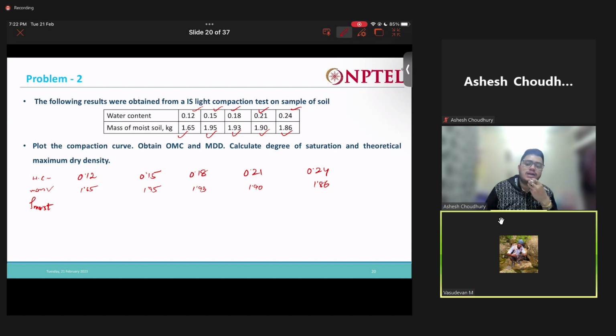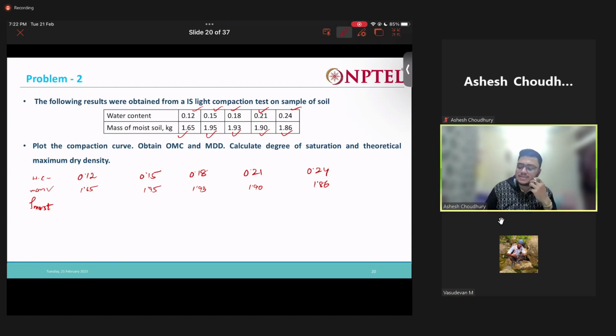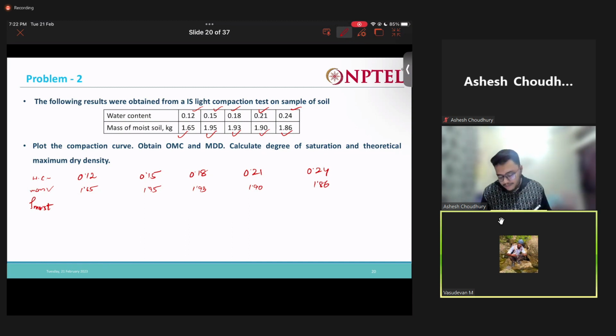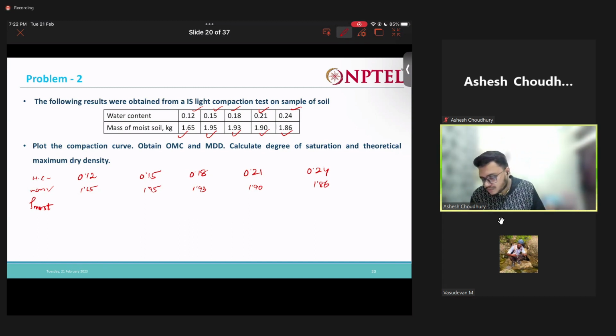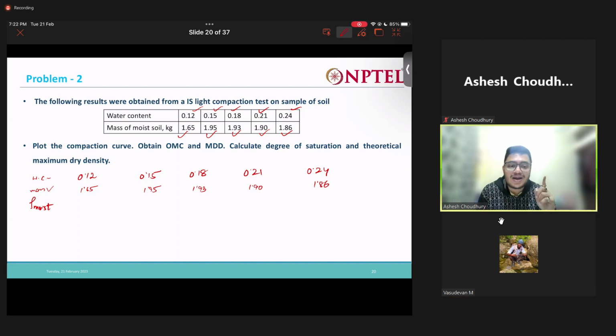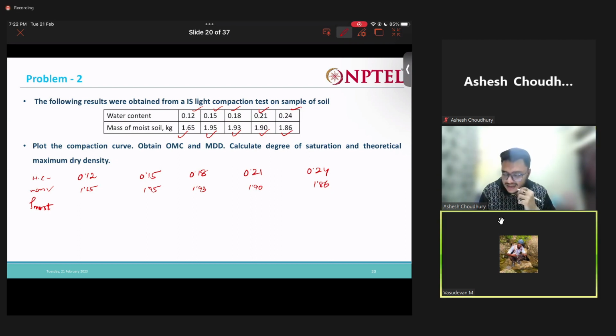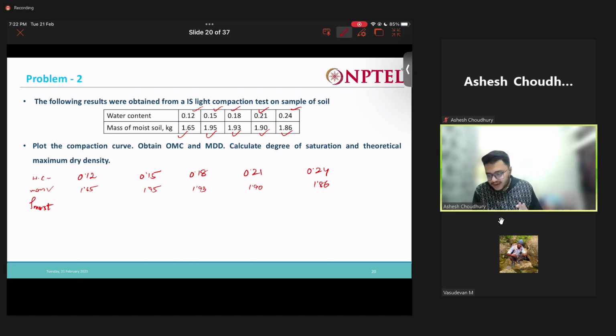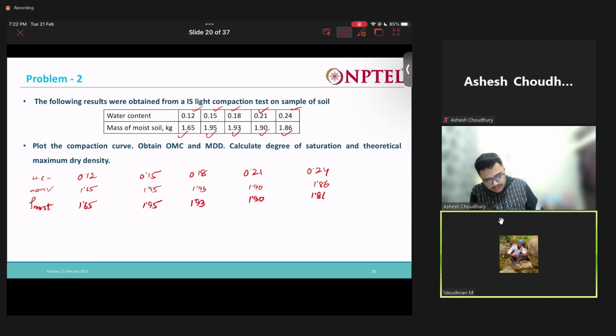So what is the volume for the IS light compaction test? 1000 cc, which means 0.001 meter cube. So in kg per meter cube, if you need to find out, you just divide accordingly. So it will be 1.65, 1.95, 1.93, 1.63, 1.90, 1.86.